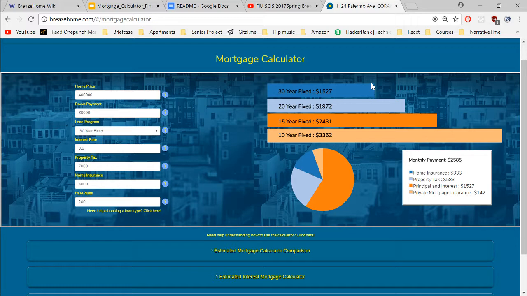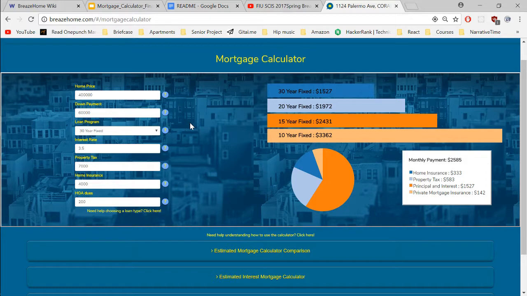The data legend is the numerical value that describes each of the individual wedges in the pie chart, and it basically describes the pie chart itself. So these elements create our main tool, and as I said before, this is going to help our user make a more informed decision when deciding on a mortgage or on a specific property.